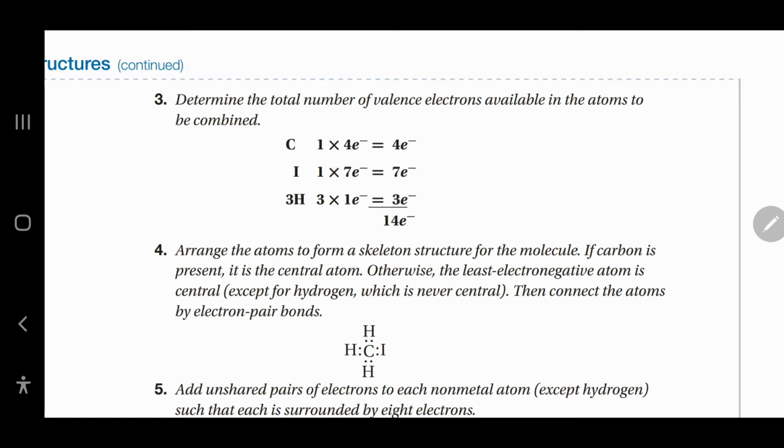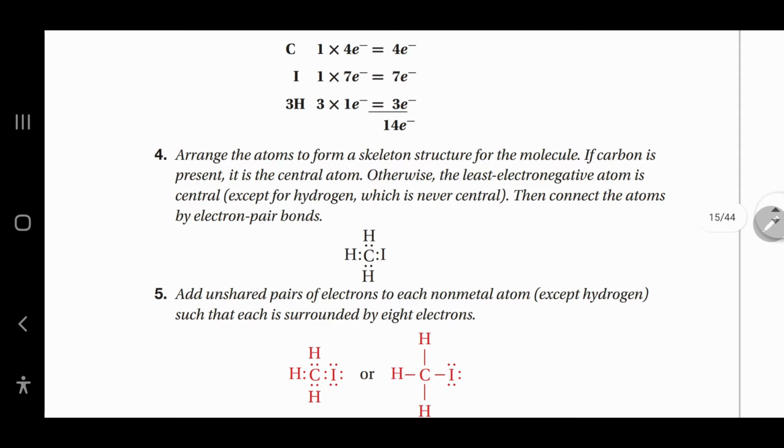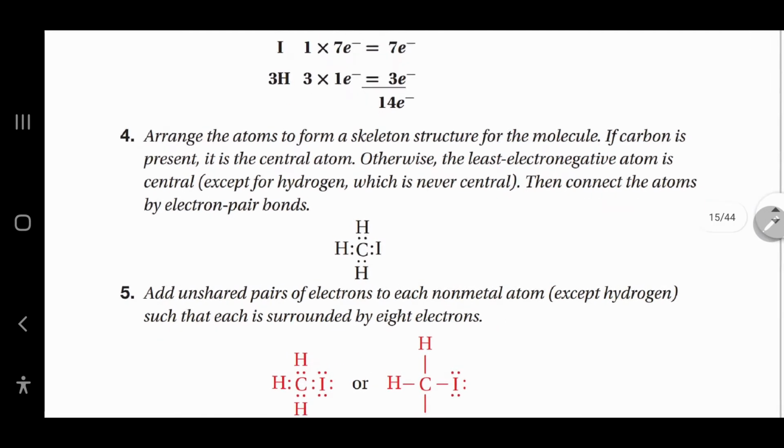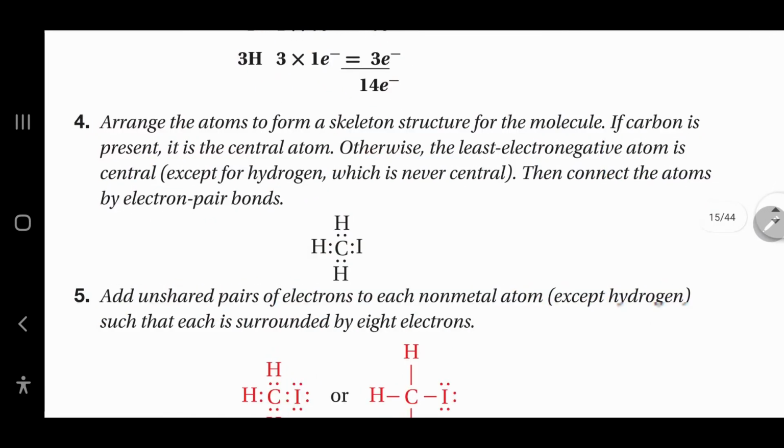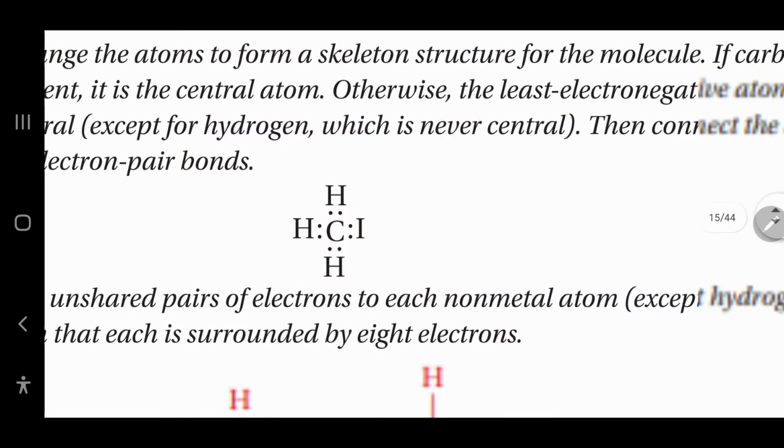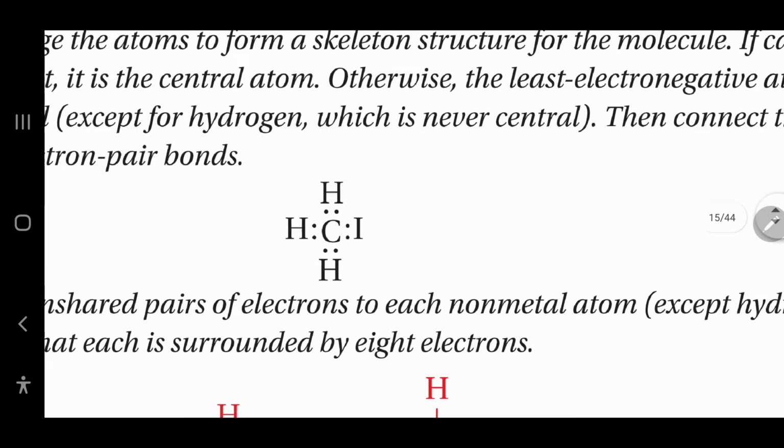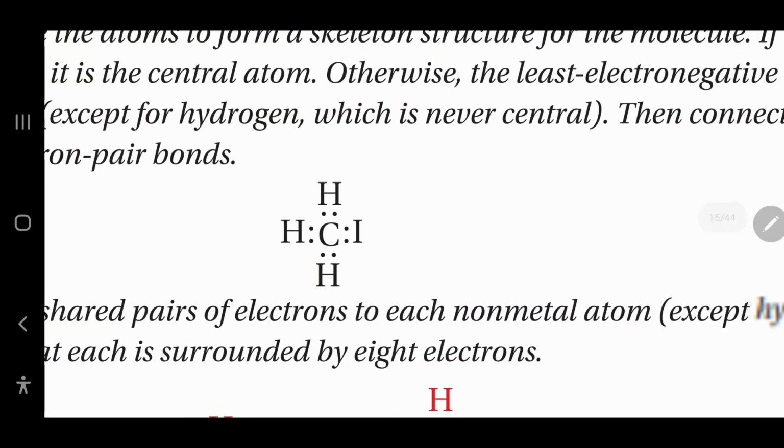Now we have to arrange the atoms for the skeleton structure or the structural formula. If carbon is present, it always will be the central atom. Remember, if we have carbon, it will always be in the center, and we're going to arrange all the other atoms around carbon.